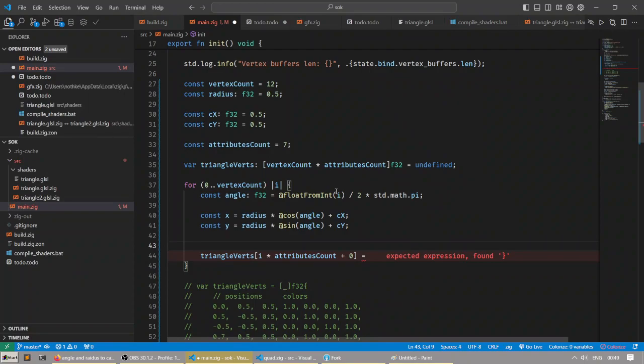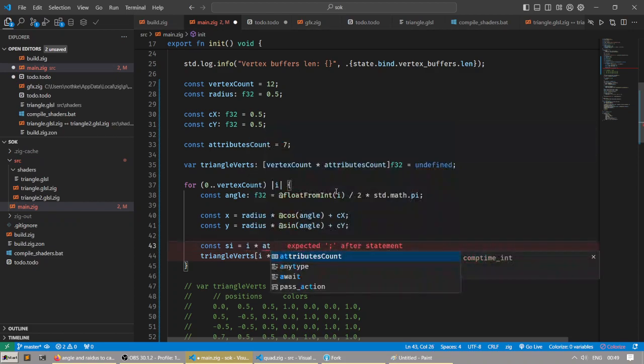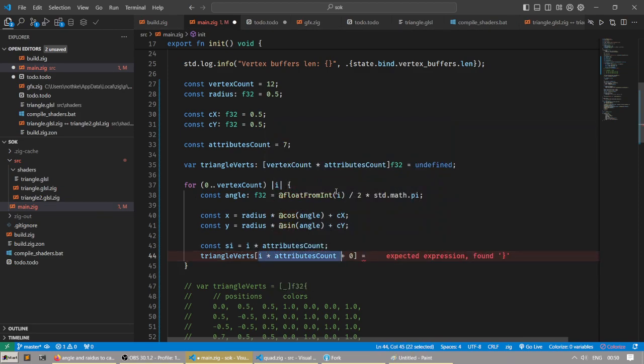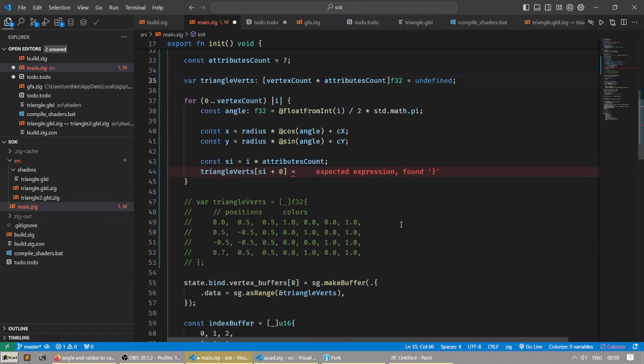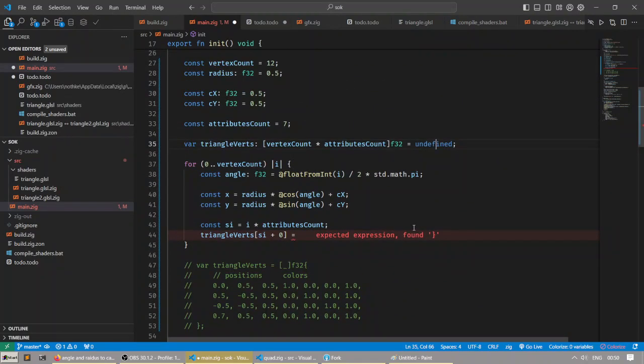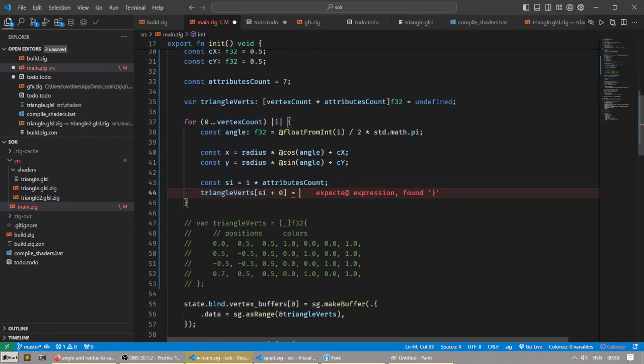Let's do a const si, start index. That's going to be attributes count, si, but yeah, let's do it with a slice later. Si plus 0 is going to be the x. But I say undefined. Should I do undefined? Yeah, let's do undefined.